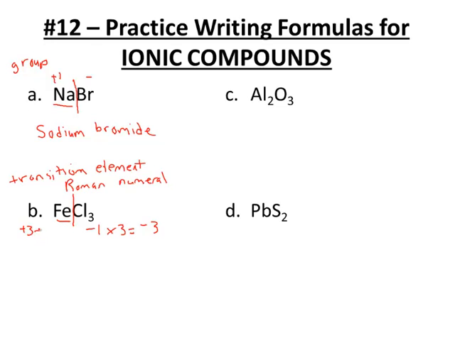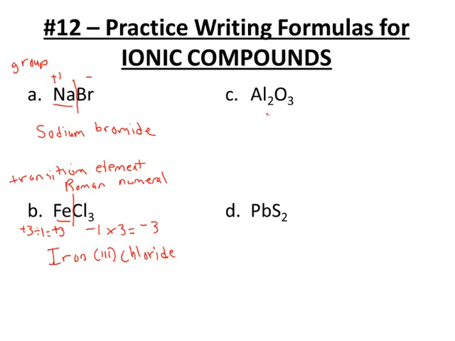There's 1 of them, so plus 3 divided by 1 gets us to be plus 3. So iron must be a plus 3 in this case. So when we write it out, iron 3, Cl for chlorine goes to chloride, iron(III) chloride.